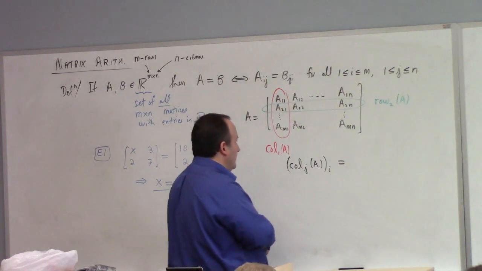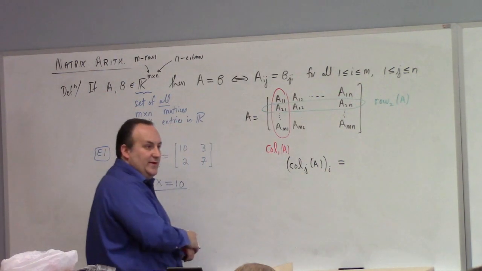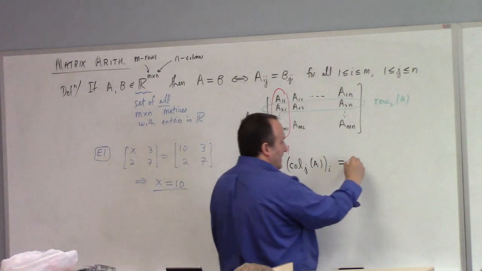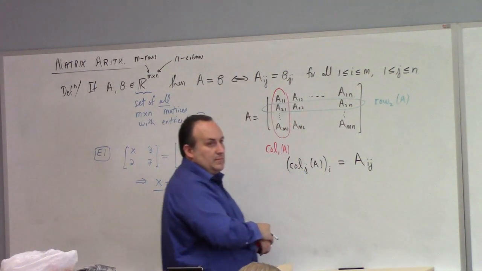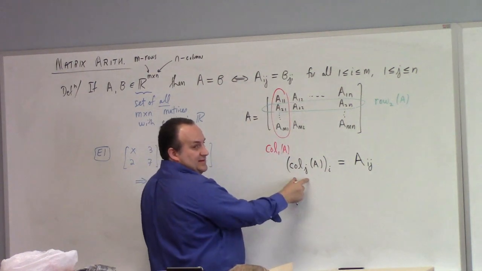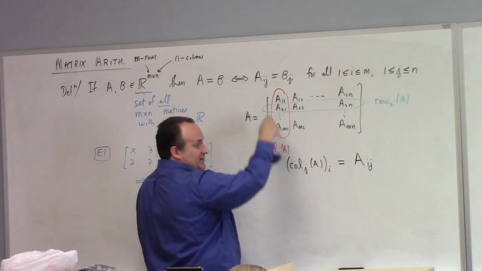Column j, row i. Yes, but what is that in terms of this notation? A what? A sub what? A sub ij, right. For example, the first component of the first column is A11. The mth component of the first column, Am1.